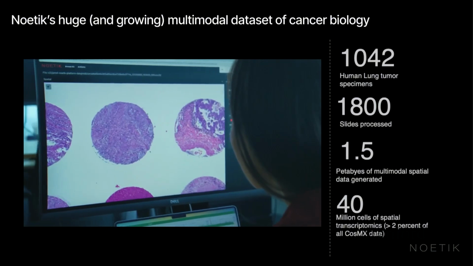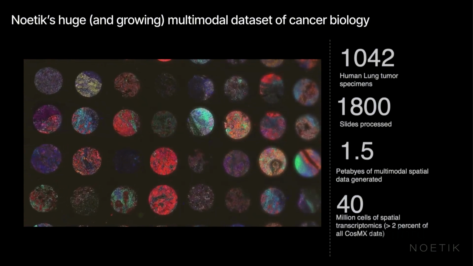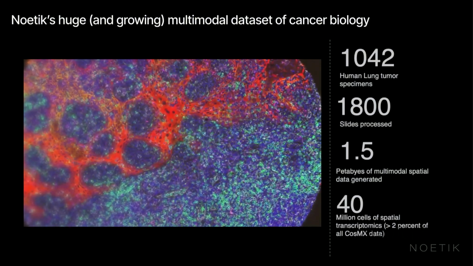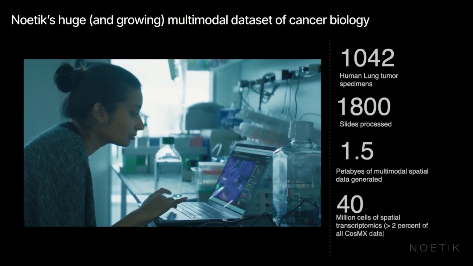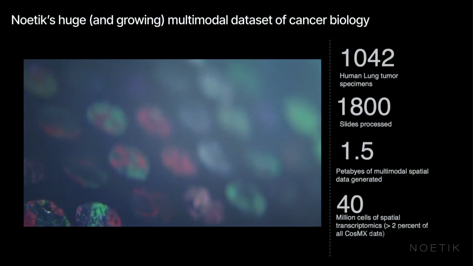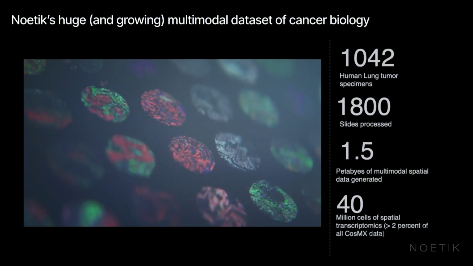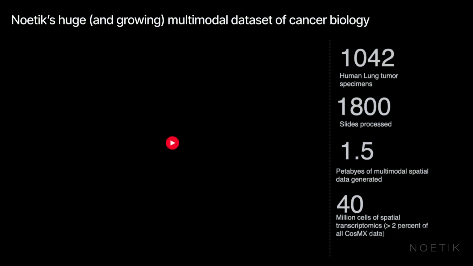We have a lab that processes them. We punch out these cores from the tissue that are about 1 millimeter in diameter. So they're very tiny, but I'll show you in a second that there's an unthinkable amount of data packaged in that small 1 millimeter core. And then we will put those through 4 different data processing pipelines that I'll show you in a second.